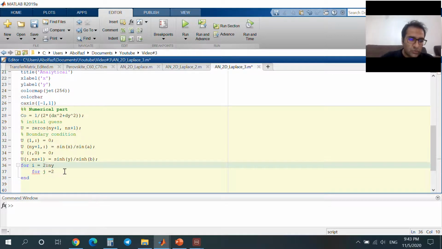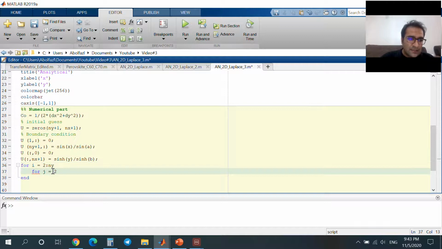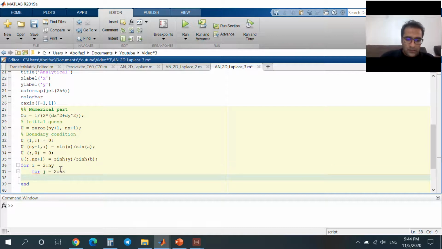At the end our boundary condition is ny plus 1 and nx plus 1, so here we are going to calculate up to one point before the boundary condition, and this should be ny, and j should change from 2 until nx, right?